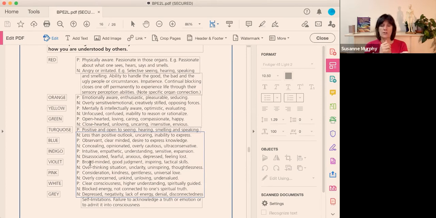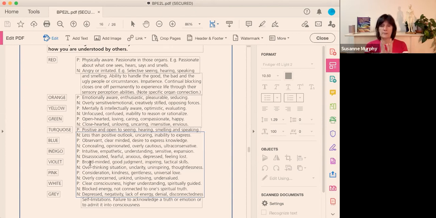If I see orange in the mouth, then that's telling me that person is an emotional expresser. And sometimes on the negative, it could be somebody who's got verbal diarrhea that just expresses too much emotion. Okay. Or they could also stifle their emotions.